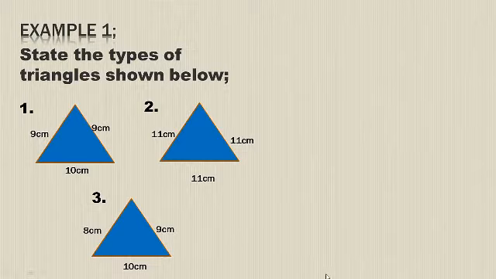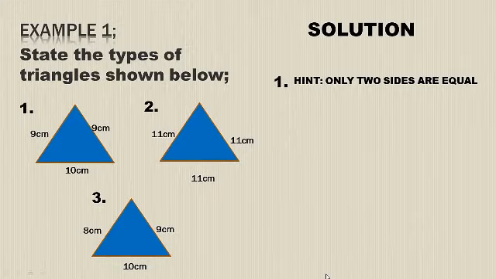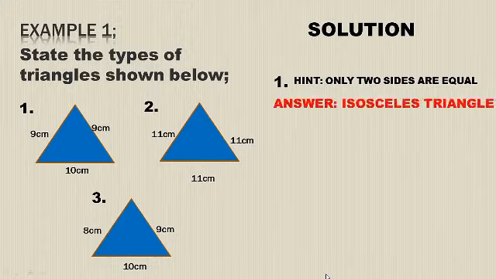Number one, you will discover that the lengths of two sides are equal. Now, the type of triangle that has two sides equal is called an isosceles triangle. I hope you still remember.